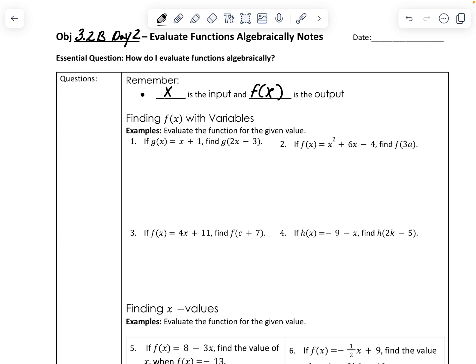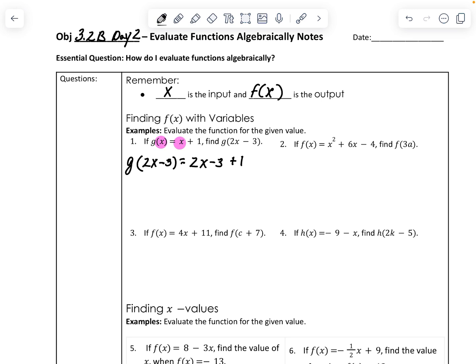So evaluate the function for the given value. If g of x equals x plus 1, find g of 2x minus 3. Okay, so that means I'm going to take my 2x minus 3 and put it where I see x. So g of 2x minus 3 equals 2x minus 3 plus 1.